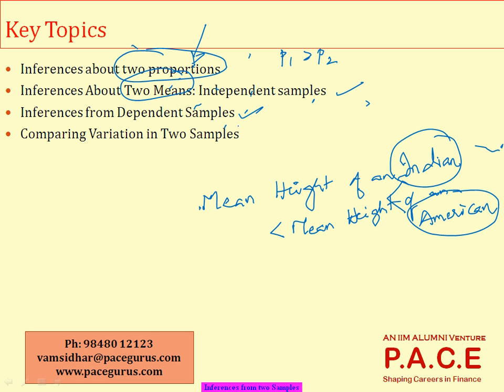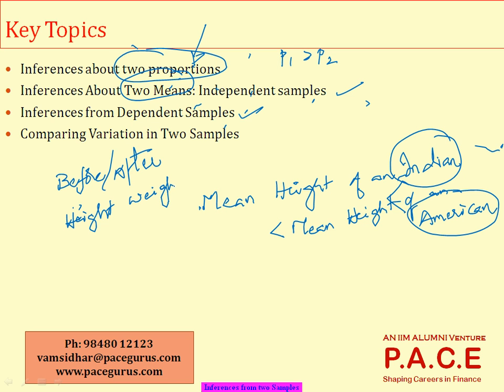In case the samples are dependent, this is generally applied for before and after scenarios, or for two variables that are highly related, probably height and weight.